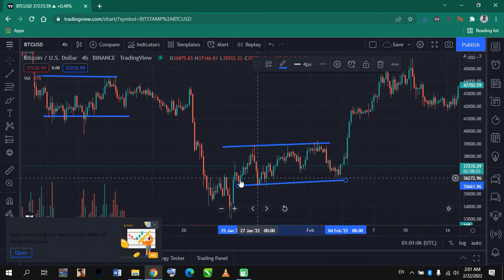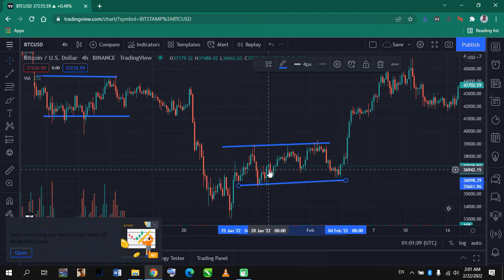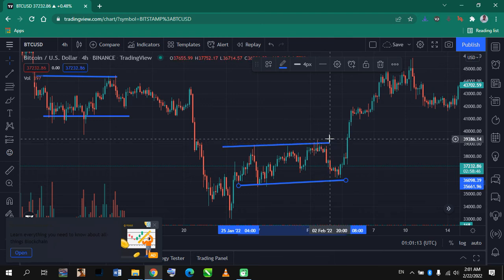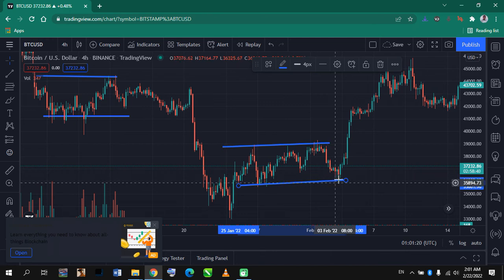So here is another accumulating stage. You see that this is the previous high at around 39,153, and the low is around 36,000.